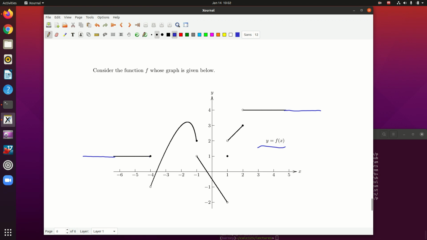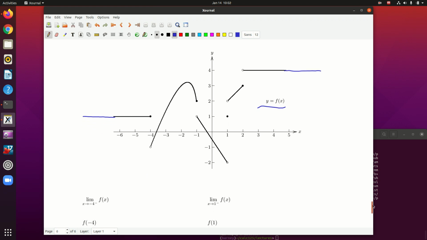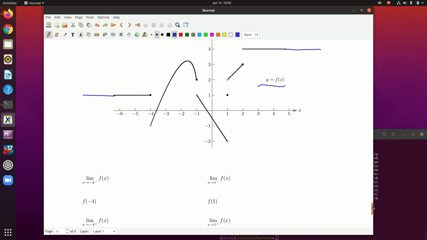When you see these bullets, that tells you what the value is at that one particular point. So if you plug in -4, you're going to get 1, and so on. Let's see if I can do this so I can still see the graph and answer these questions. So let's take a look at what happens at -4 first.